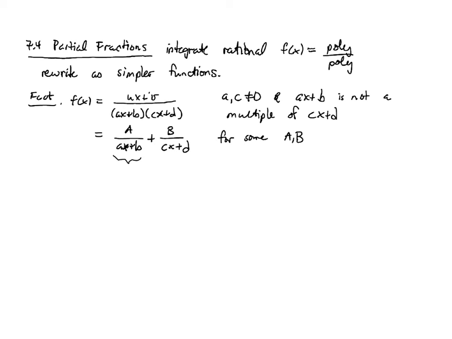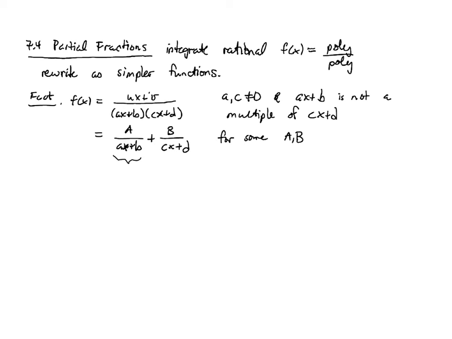That's using a simple substitution to get the general rule that the antiderivative of A over ax plus b dx is A over a times ln of absolute value ax plus b plus C. So anytime you have one constant divided by a linear polynomial, that's something that you can take the integral of.